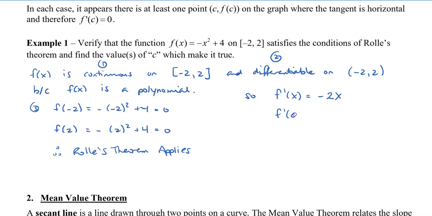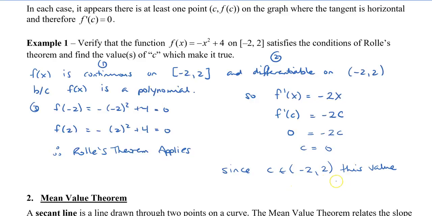So f'(c) equals negative 2 times c. We set it equal to 0 because Rolle's theorem says that the derivative will be 0, and we see that c is equal to 0. Since c, which is 0, is in the interval (-2, 2), this value works.